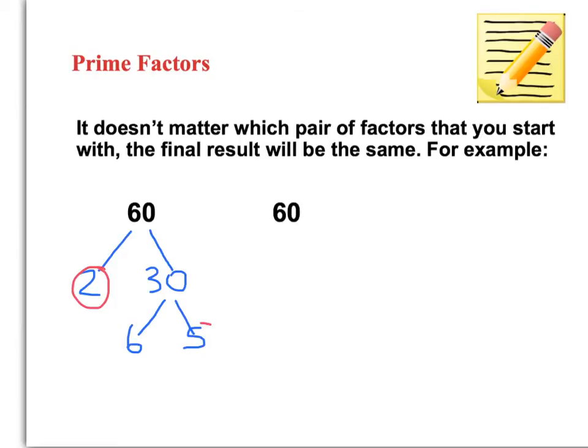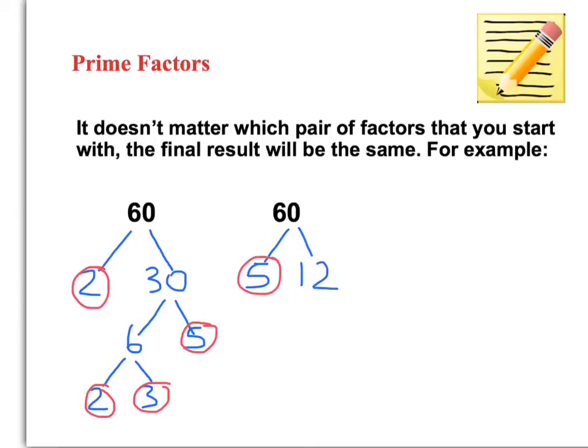And we know that 5 is a prime number. Still breaking down 6. So 2 times 3 is 6. And there we have the prime factors of 60. Alright, now let's try 5 12s are 60. See if we get the same result. Okay, and now 5 is a prime number. 2 6s are 12.